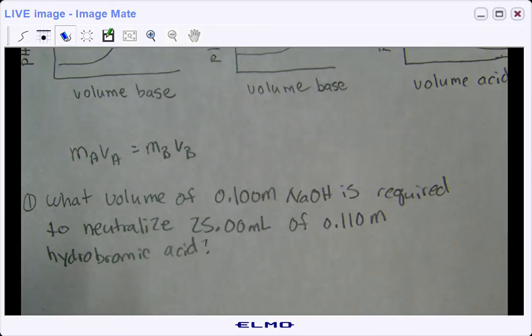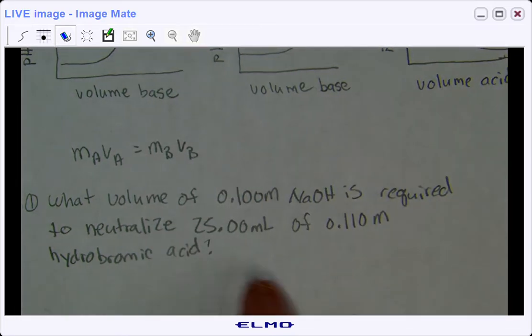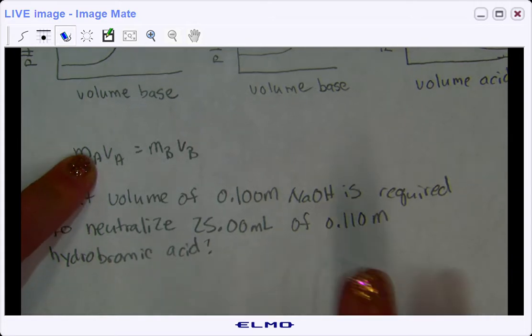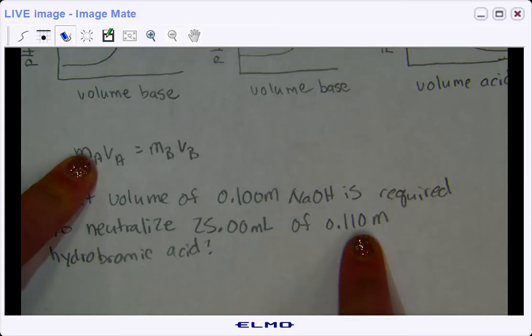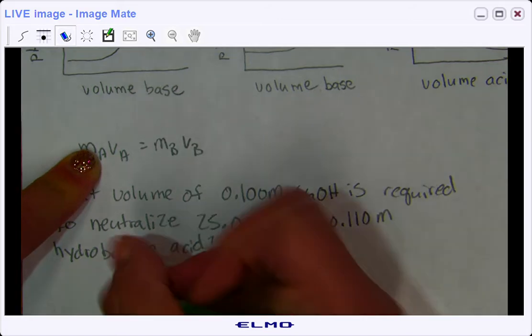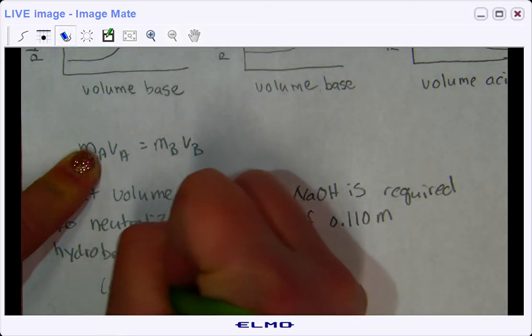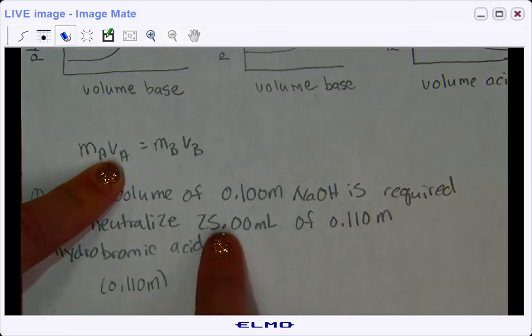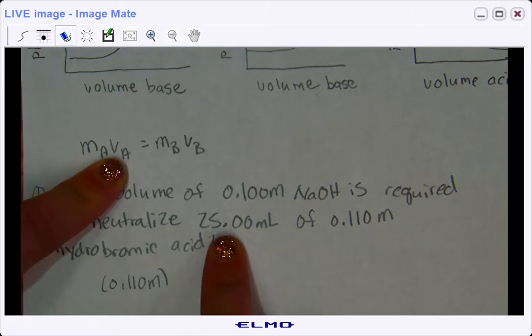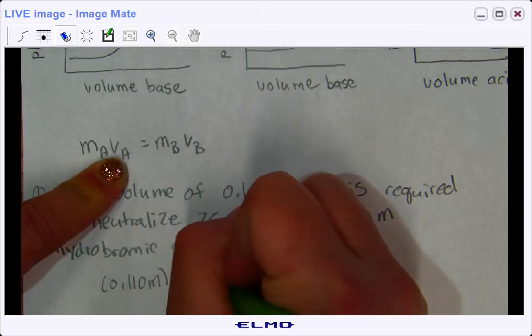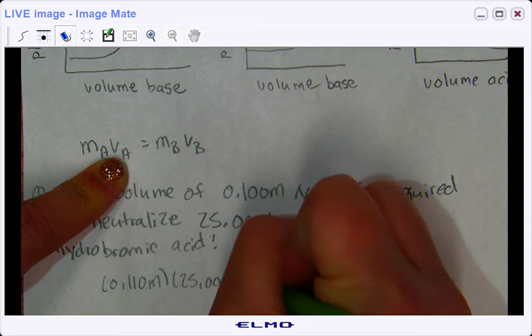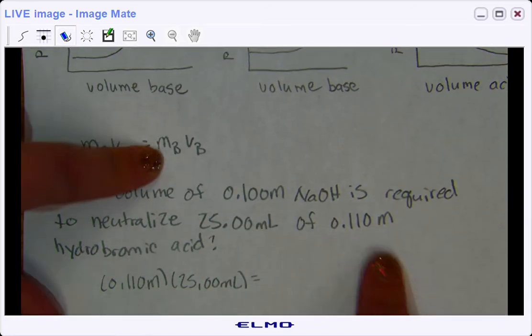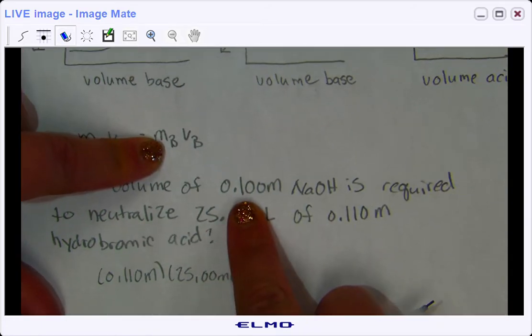Okay, so the molarity of the acid is 0.110 molar. The volume of the acid, I had 25 mL of that. The molarity of the base is 0.1.